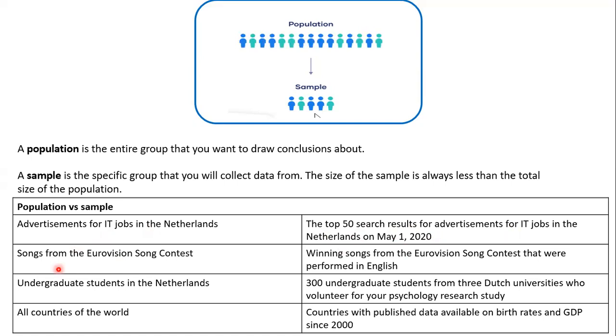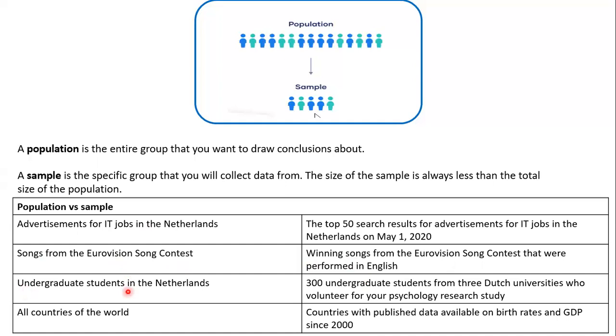We have one more population: songs from the Eurovision Song Contest. The winning songs that were performed in English are the sample data which we have collected from the song contest.